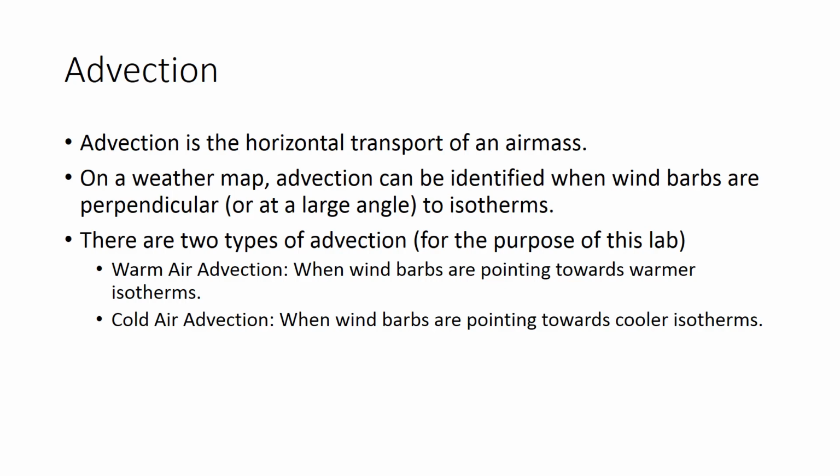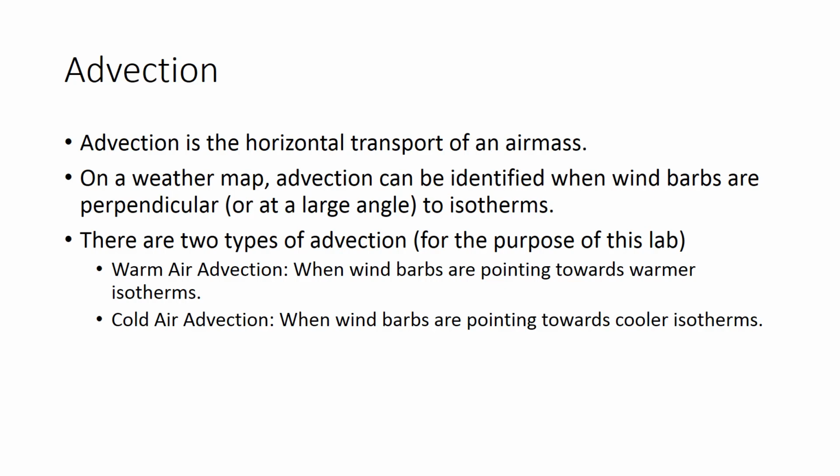And there are two types of advection. For the purpose of this lab, there's actually moisture advection and other types of advection, but for the purpose of this lab, there's two types: warm air advection and cold air advection. And warm air advection occurs when the edge of the barbs is pointing towards higher value isotherms.